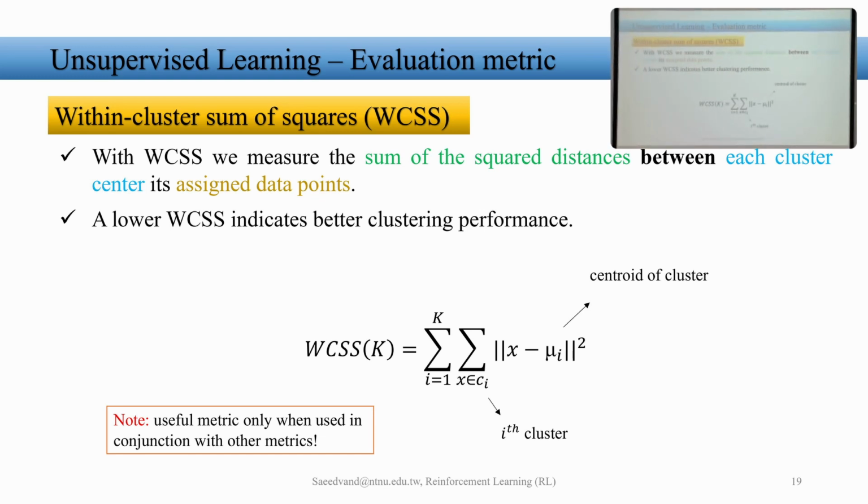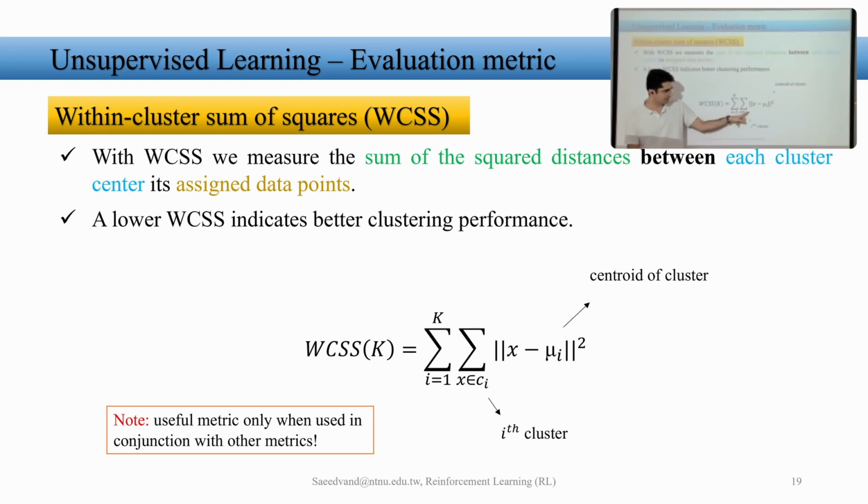So we can write it mathematically. WCSS of K. What is K? The number of clusters that I indicate at the beginning. I say, for example, I want 3. We will see how to find it automatically, but now we are studying metrics. So WCSS of 3, for example, equals the sum over each one of the clusters, and the sum of the distances of each data point, so each data point that is included in the cluster.